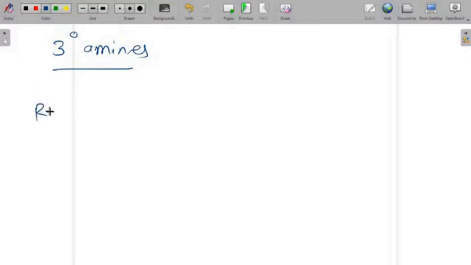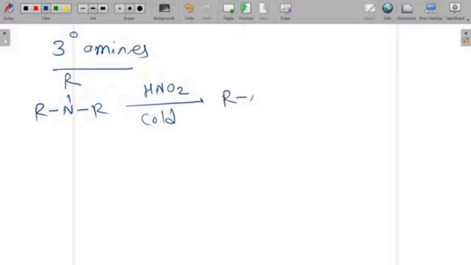So these are the tertiary alkyl amines. Tertiary amines on reaction with nitrous acid HNO2 at cold condition give R N R R. I am writing this R downside. Then here this is attached to NO2.